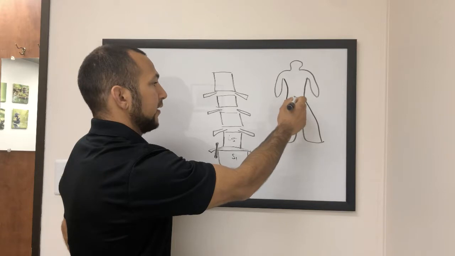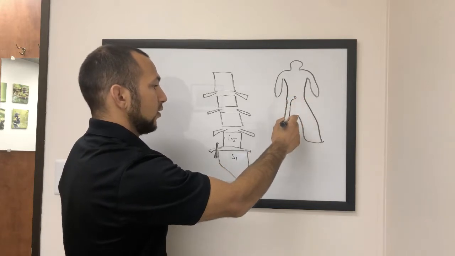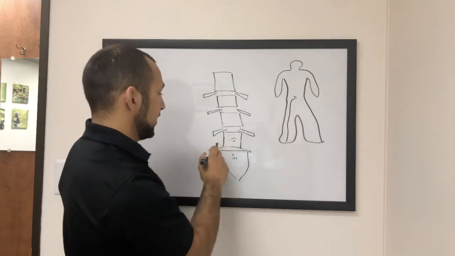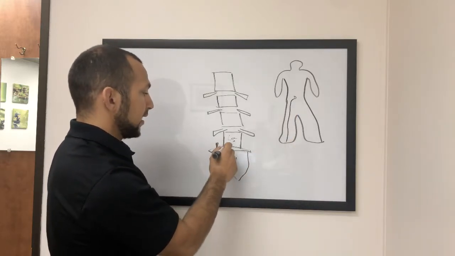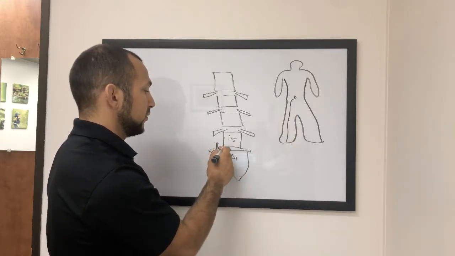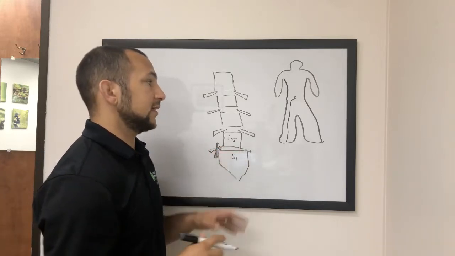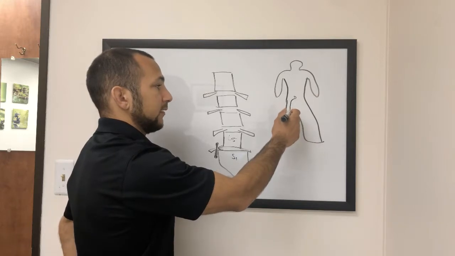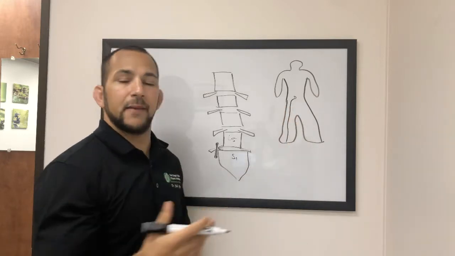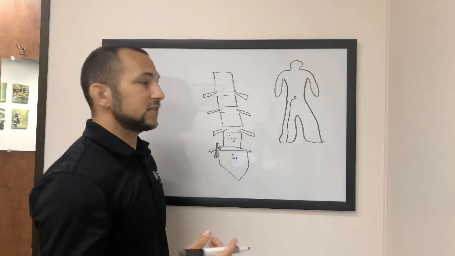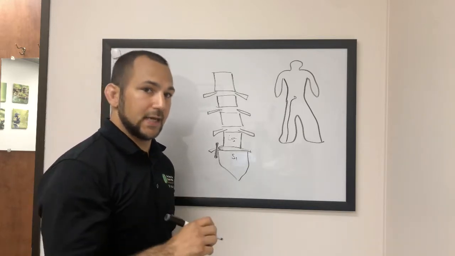Here's that L5, and this nerve goes all the way down the leg. So if you're irritating this nerve up here as a result of disc compression, a disc bulge, or whatever it may be, then what you're going to be noticing is possibly pain running down to the back of the thigh, down the back of the knee, into the calf, into the heel, or into the foot. And that is called peripheralization.